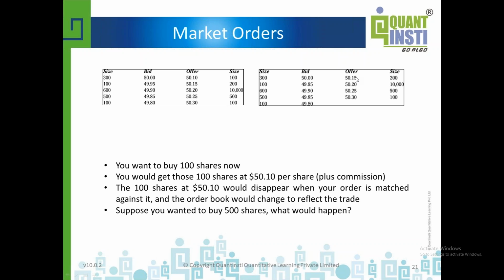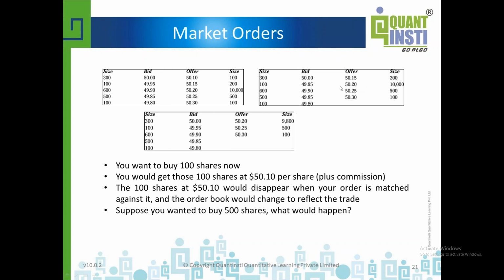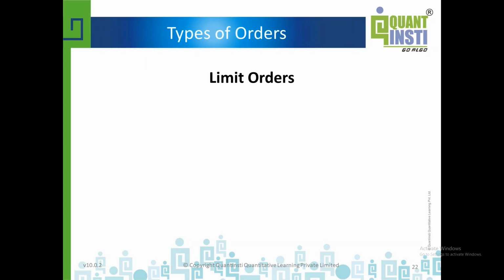So you will get 100 at 50.1, 200 at 50.15, and another 200 at 50.2, and 9,800 would be left at 50.2, right? The size was 10,000 at 50.2, so you will not move more than 50.2. Your worst price would be 50.2, and you will get 200 fills at 50.2, right? Great. So everybody understands this.